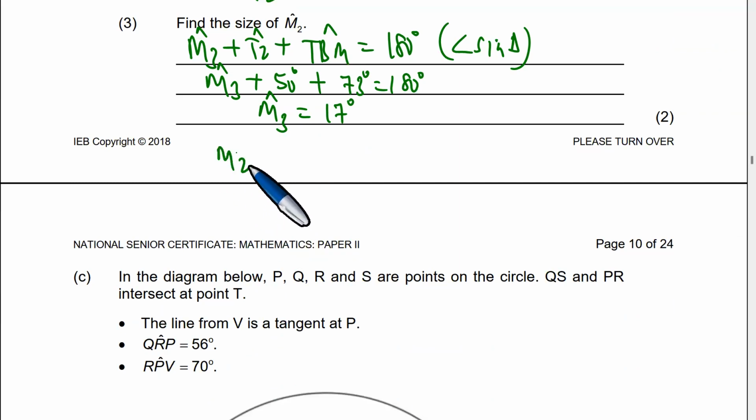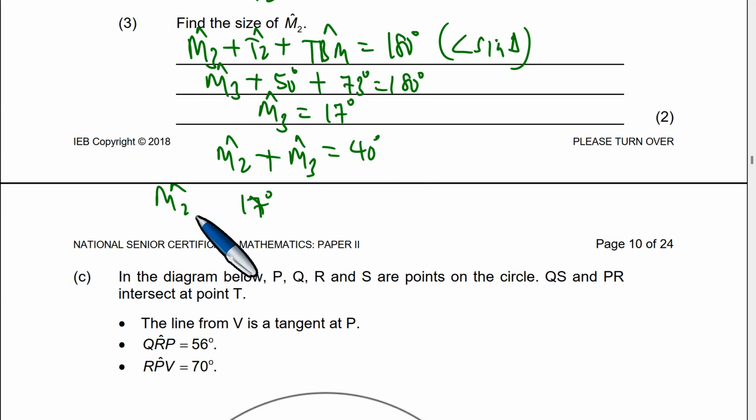You come here and you substitute. What is M3? It's 17 degrees. M2 plus 17. Right, to continue.